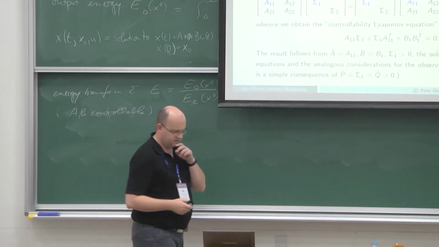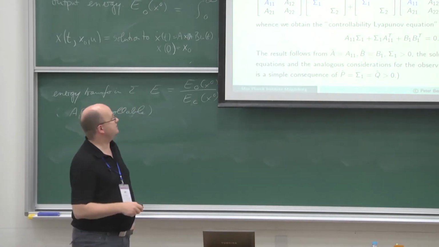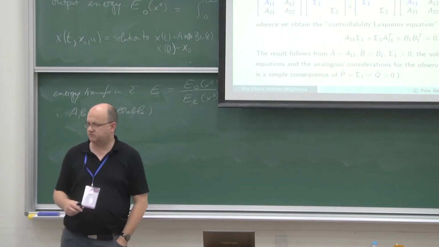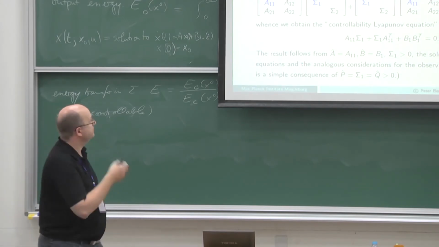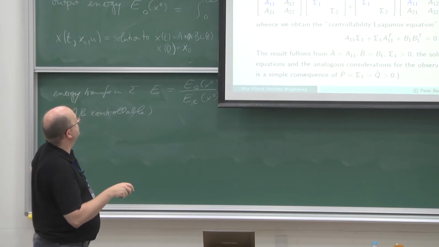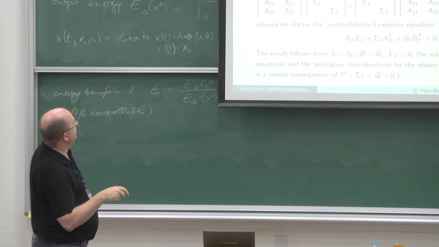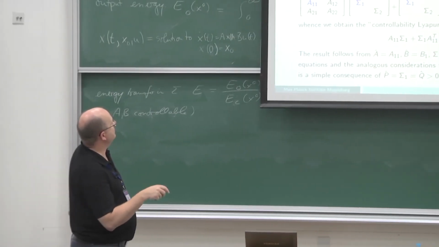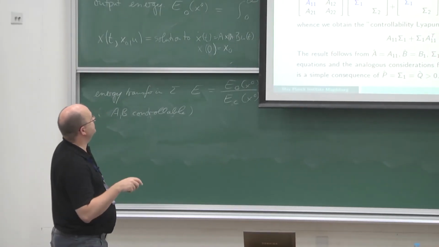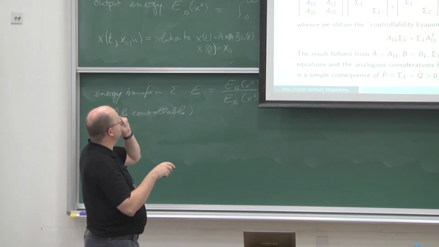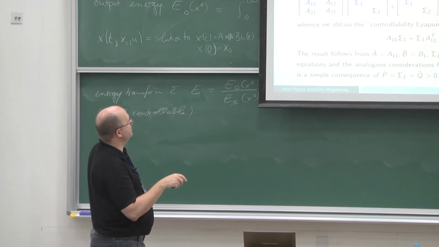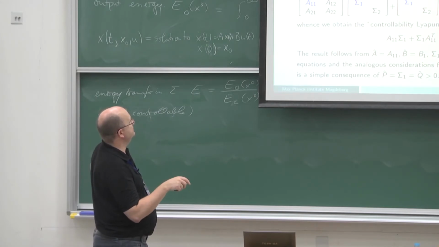And just to point to that, I think it's also related to one of the exercises we did already on Monday, on Tuesday. You can see that if you have balanced coordinates and you write down the controllability Lyapunov equation, then you see that the reduced order model has this controllability Lyapunov equation.